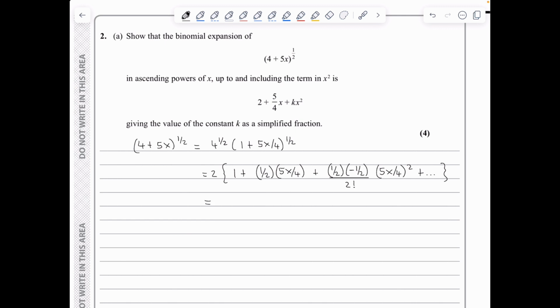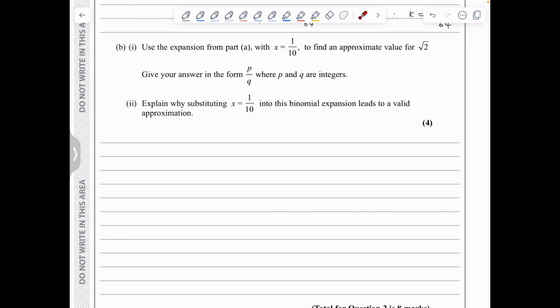I will simplify within the bracket, so it's 2 times 1 plus 5x over 8 minus 25x squared over 128 plus dot dot dot, which can be further expanded to give me 2 plus 5 over 4 x minus 25x squared over 64 plus dot dot dot, and therefore we conclude that the constant k is minus 25 over 64.